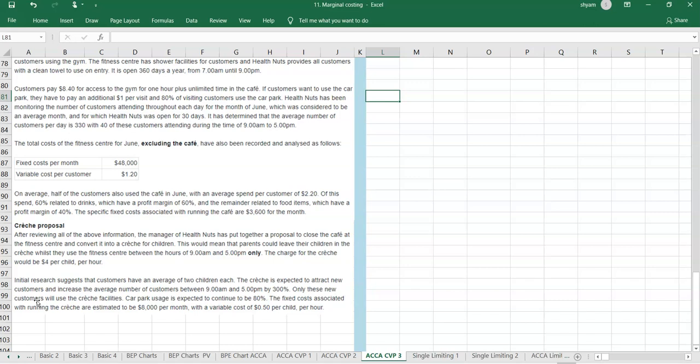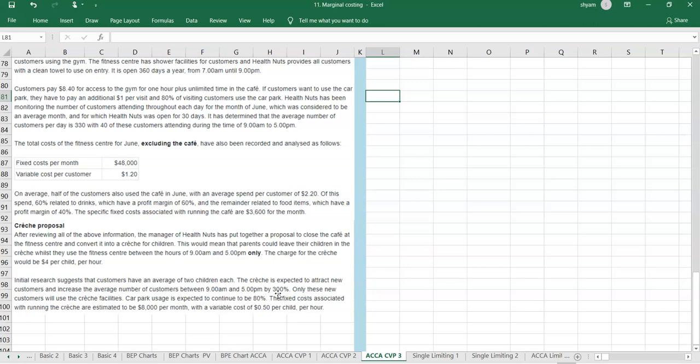Only these new customers will use the creche. It's not the existing customers who will use it. Car park usage is expected to be 80%.